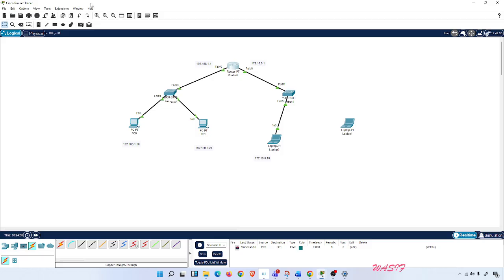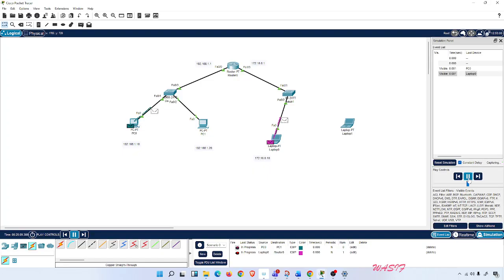Okay, once everything is green, let's try something. Let's send a packet from here to here, and you see it is successful. Let's look at the simulation.